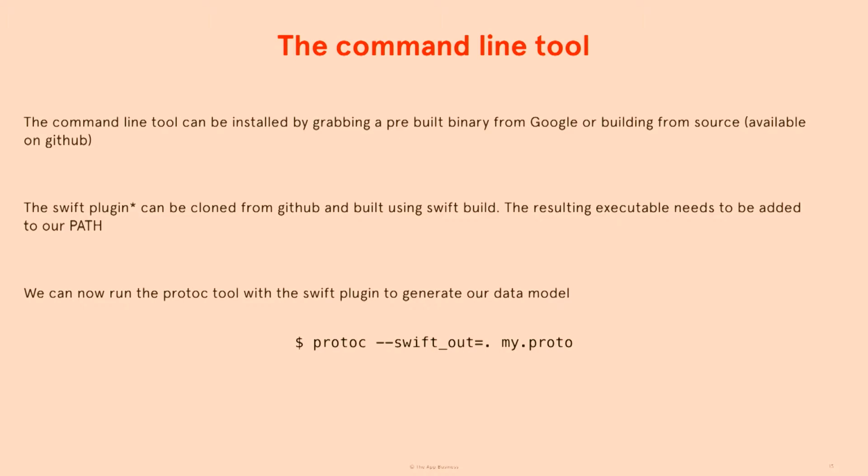And the my.proto just determines the name of the data model. So this command here will produce a file called my.proto.swift, which will contain your entire data model. And the Swift plugin, which you may have guessed by the fact it's built using Swift build, is actually written in Swift, which is pretty nice. If you have issues, you can go fix it, so get involved.